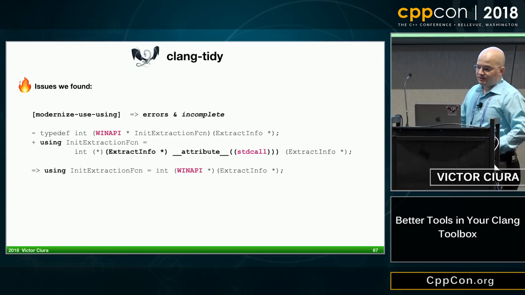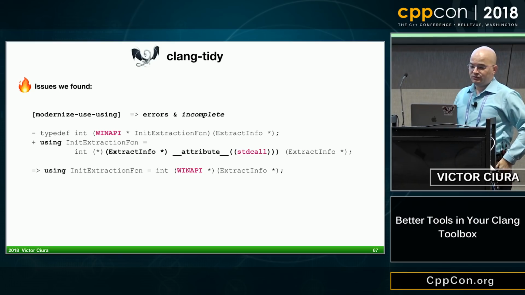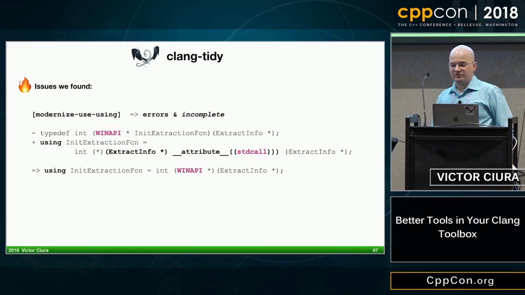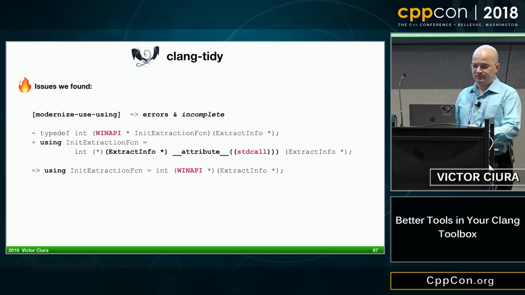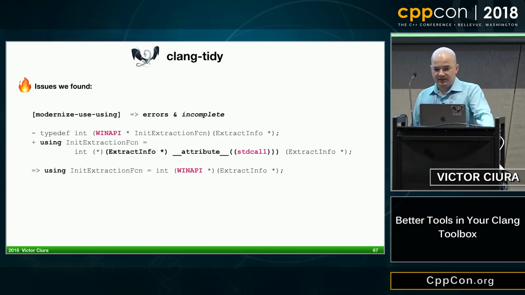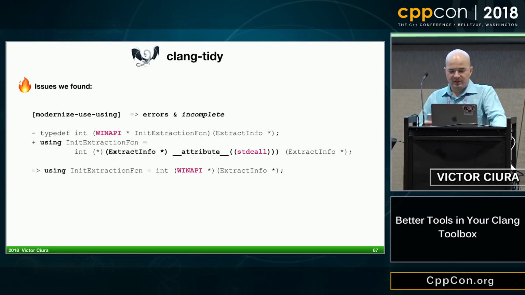So I said about use using, it was by far the buggiest check we've ran, and it screwed up all our function pointer definitions, so we had to do those by hand.